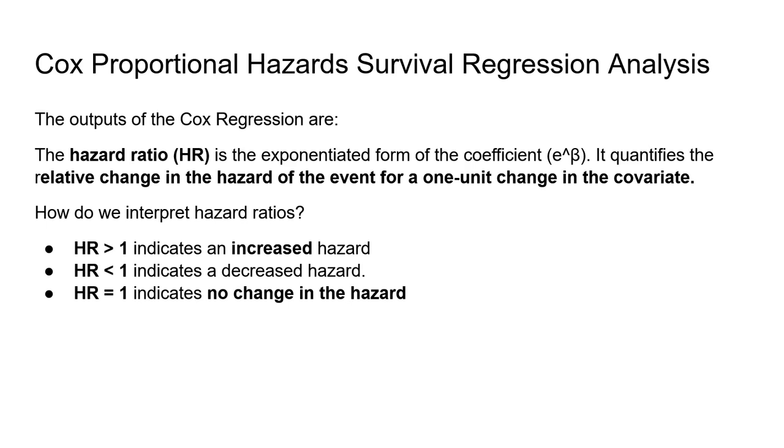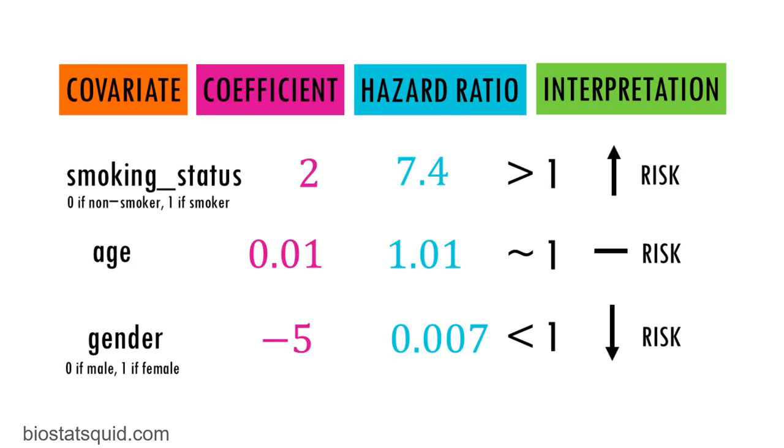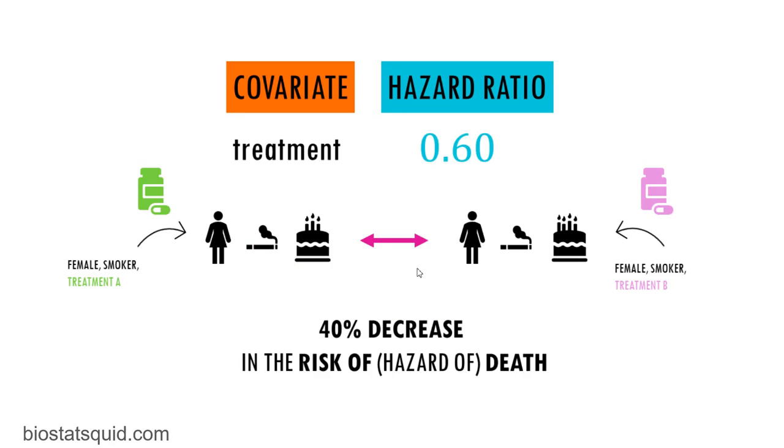Less than 1 indicates a decreased hazard, and hazard ratio, I shouldn't say rate, these are all ratios, I apologize. And a hazard ratio of 1 equals no change between the two groups. Okay. So again, Cox regression is going to give us coefficients, which we can interpret, and also hazard ratios. And again, we can use those to gain more insights as to what might influence the time to event among our samples.